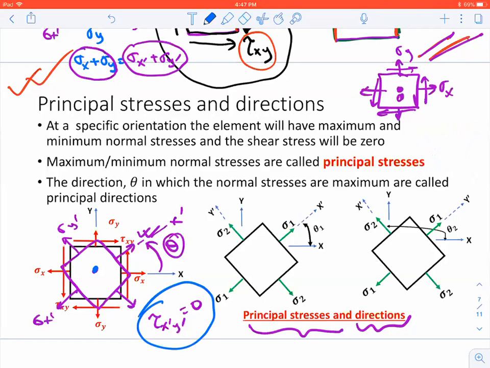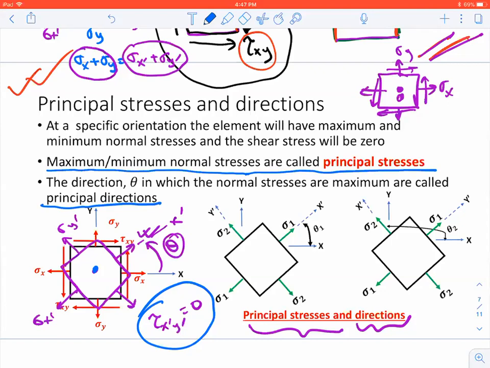You only see normal stresses, and those are the maximum and minimum normal stresses at that location, at that point. That maximum and minimum normal stress at that location or point are called principal stresses. And the two angles at which they occur are principal directions.